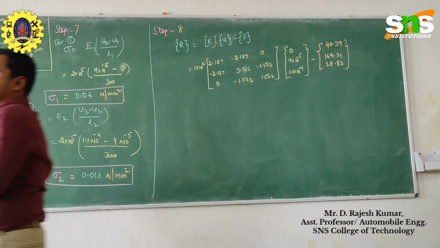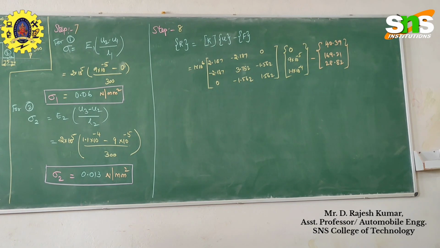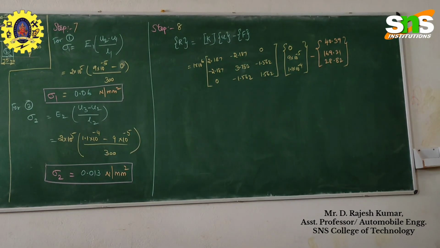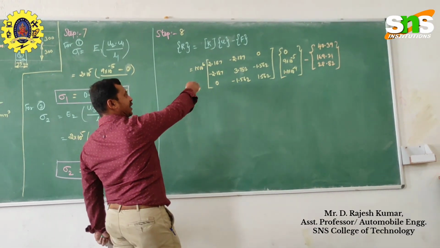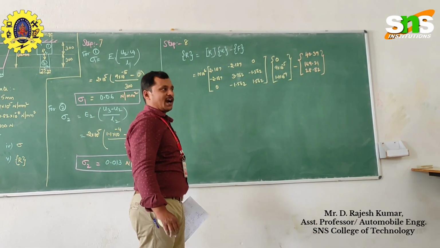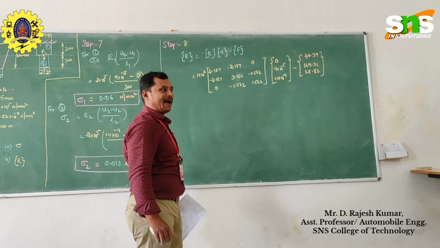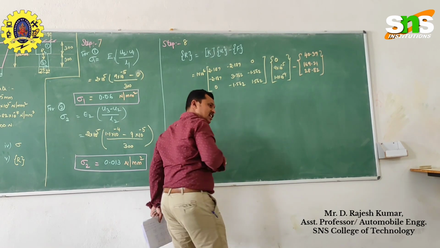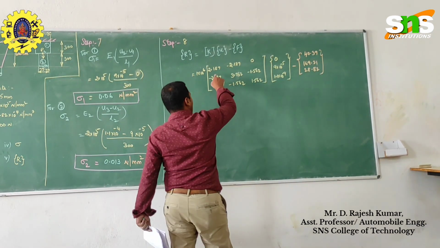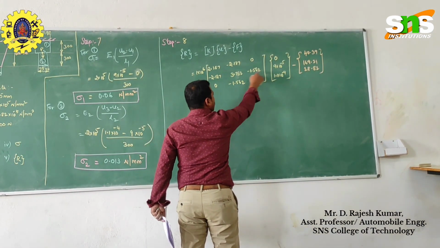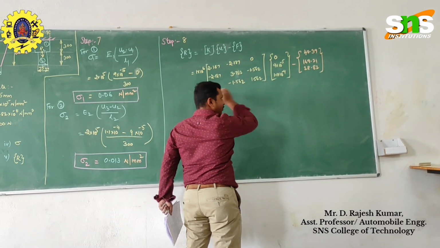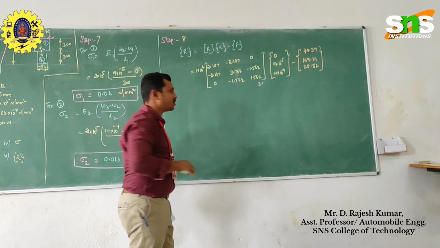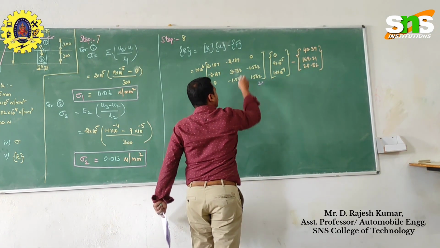This is how you have to find the reaction forces. To substitute the values, you refer to the previous step. Now you have to multiply the matrix. What is the size of this matrix? I count row 1, row 2 and row 3, so the number of rows is 3, and columns 1, 2, 3.